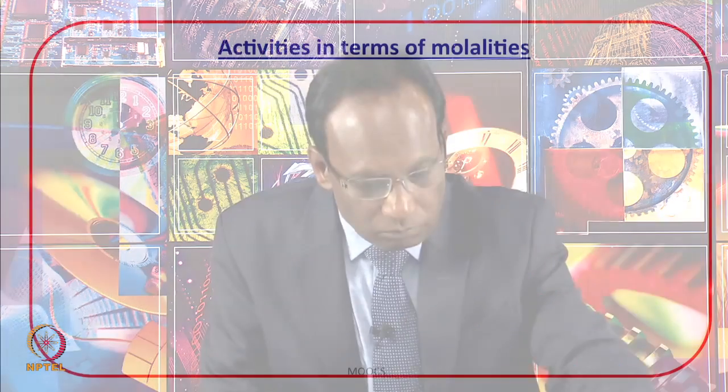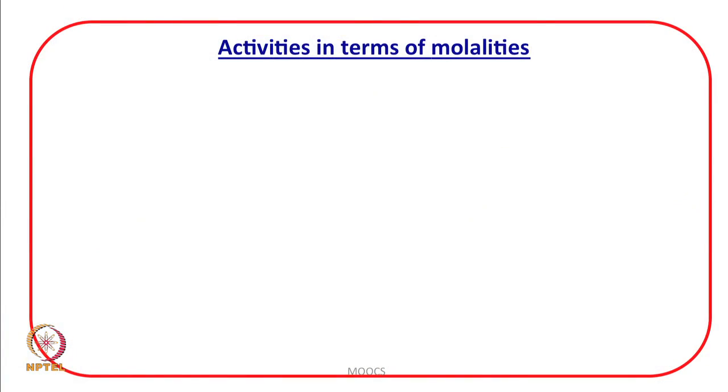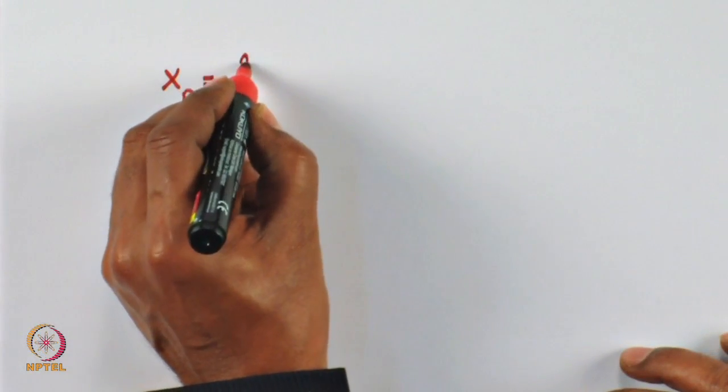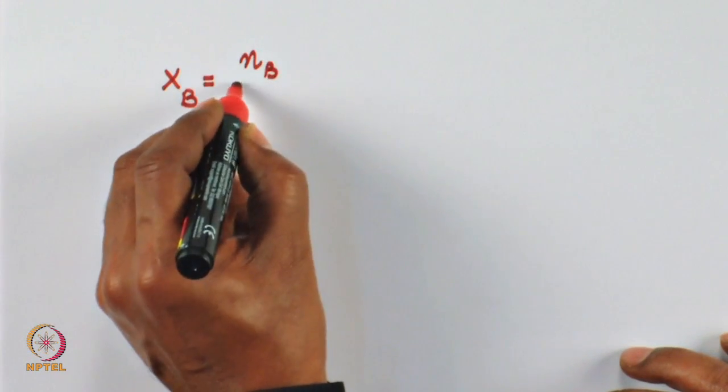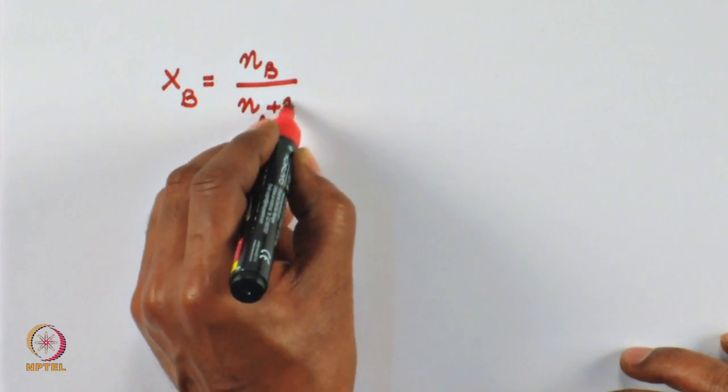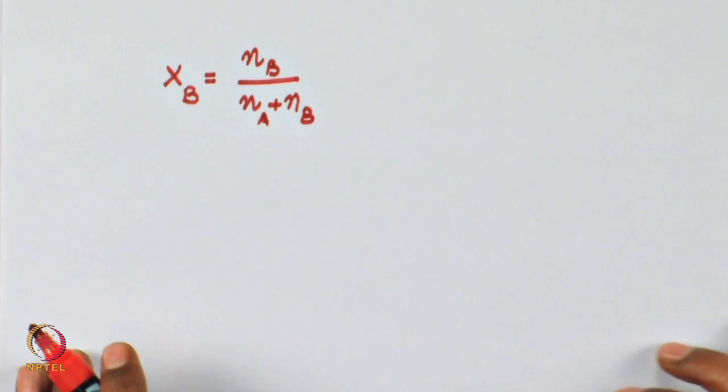Okay. Now, can the activities be written in terms of molalities? Definitely. How do we do that? Mole fraction of the component B is equal to the number of moles of B over the number of moles of A plus the number of moles of B in a binary mixture.